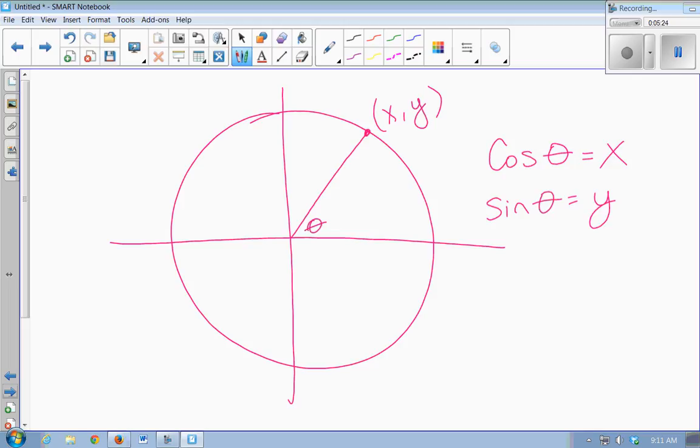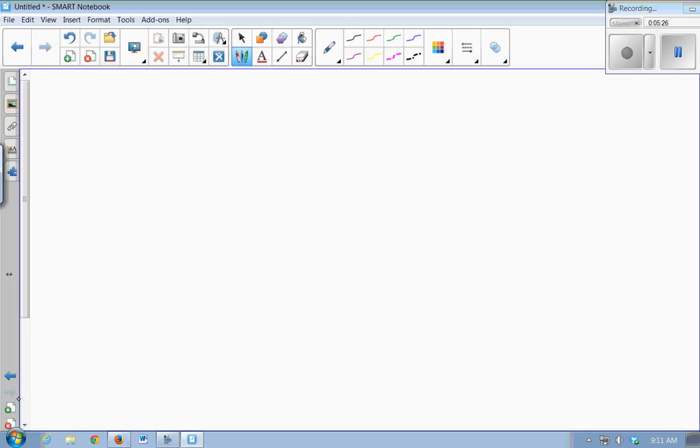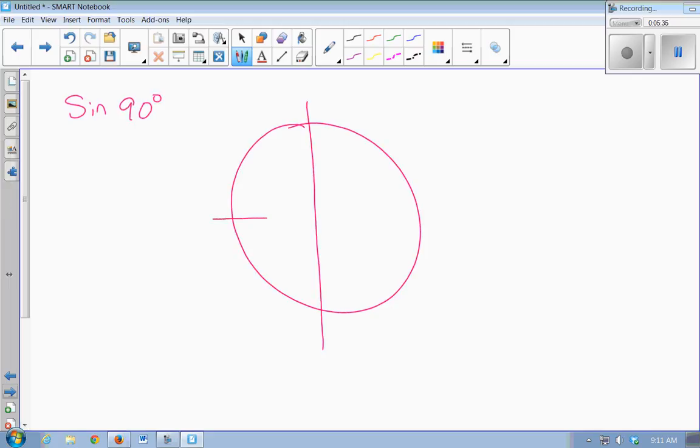So if I wanted to find the sine of 90 degrees, say, I would draw a little unit circle. And this is something you should get used to doing. I do it all the time because I have a hard time picturing the whole thing in my head, so I have to draw it. So you draw a quick unit circle and say, okay, 90 degrees is right here.